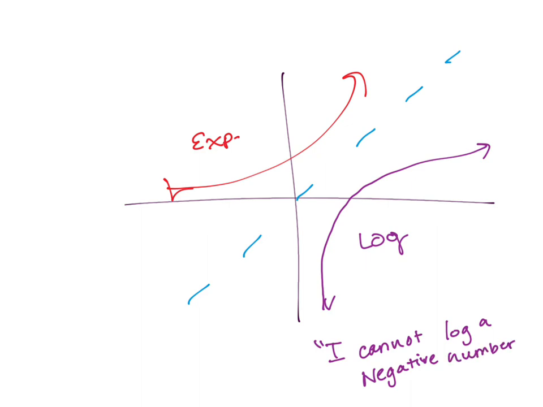And the reason for that is logarithm's undefined at x equals 0. It doesn't go past that. It doesn't go to the left. The domain restriction is such that x has to be greater than 0. It goes from 0 to infinity.